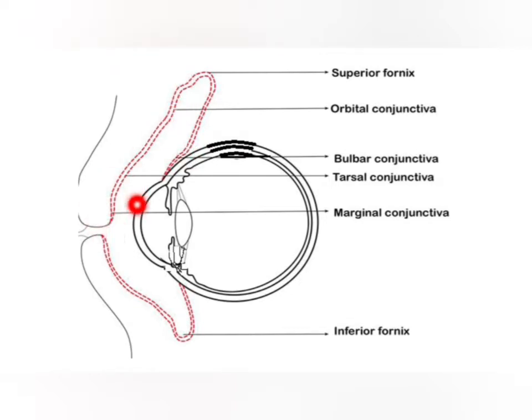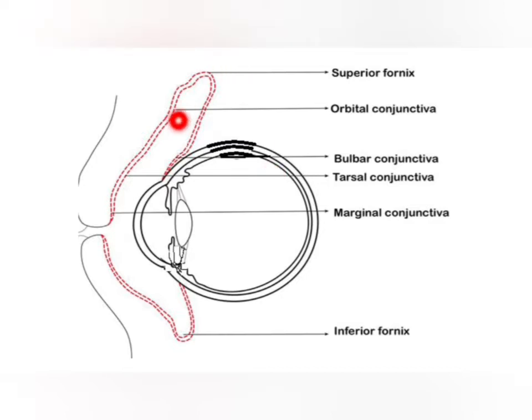Marginal conjunctiva is the joining of the eyelid and conjunctiva proper. Tarsal conjunctiva is the part of conjunctiva that is in front of the tarsal plate. We can see the meibomian glands, the vertically oriented glands, easily through tarsal conjunctiva because it is very transparent.